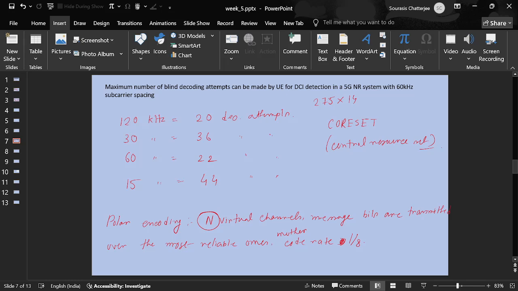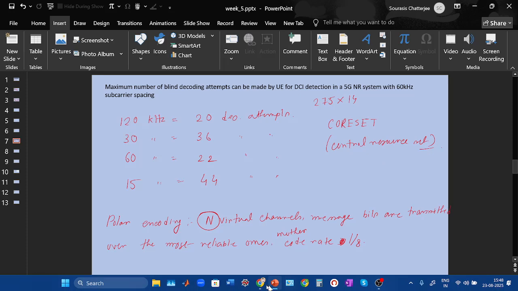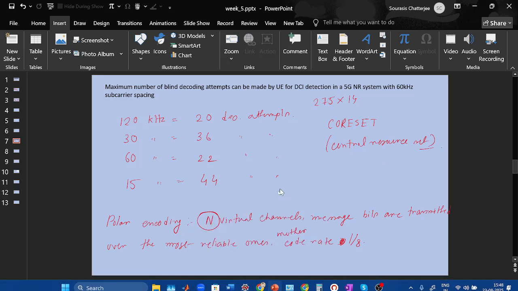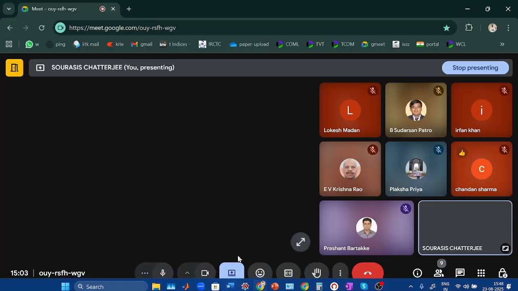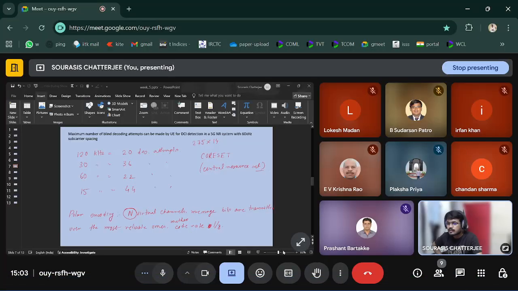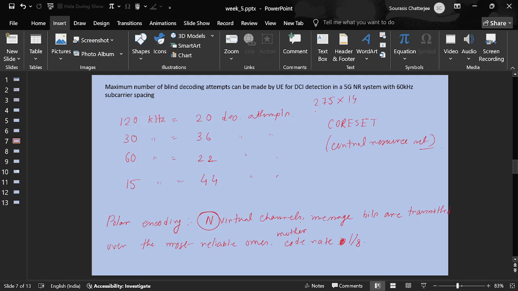Yes, min and max is there. Okay, let me check once. They are separate for lower bound and upper bound. For downlink, Nmax should be 512, and for uplink, it is 1024.